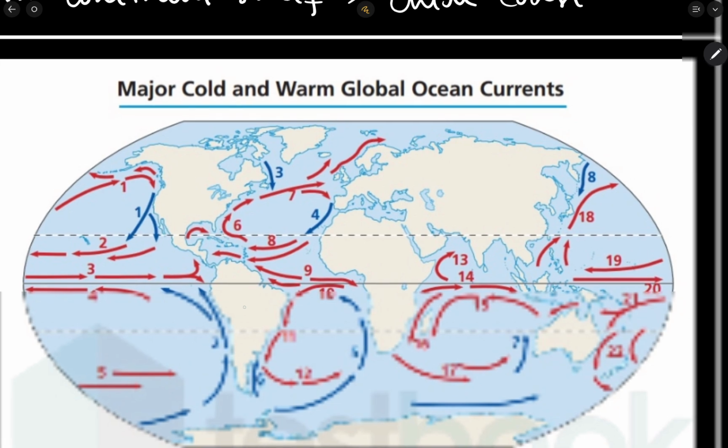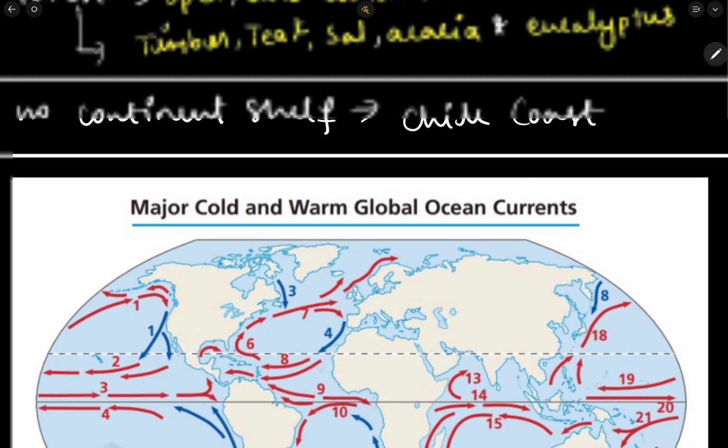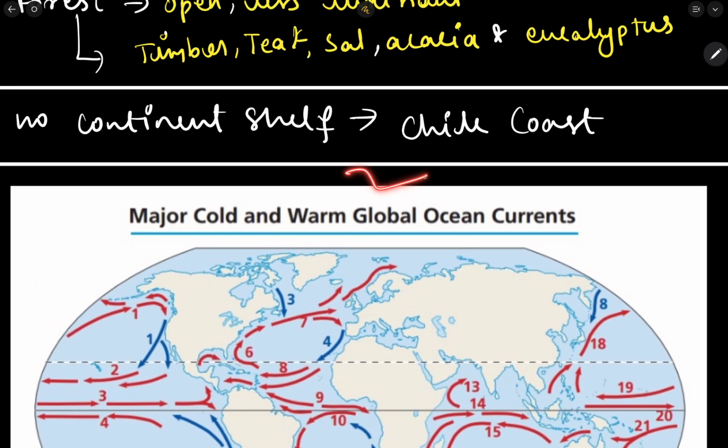Basically, this is a chilean coast. So here there's no continental shelf present. Basically, the continental shelf is a transition zone between the deep sea ocean and the continent. So this is the continent.